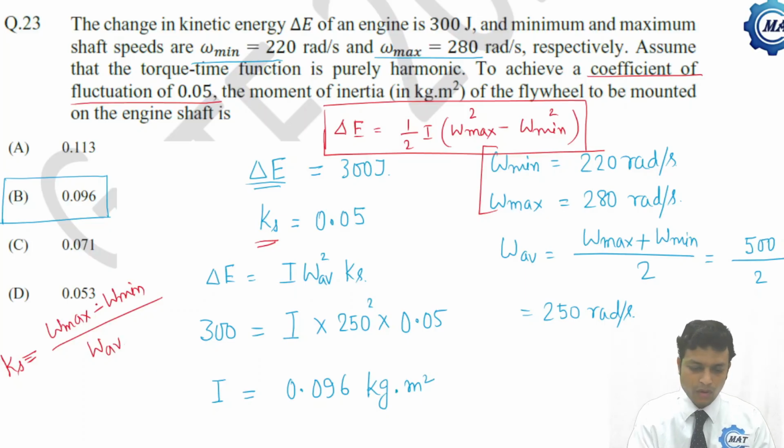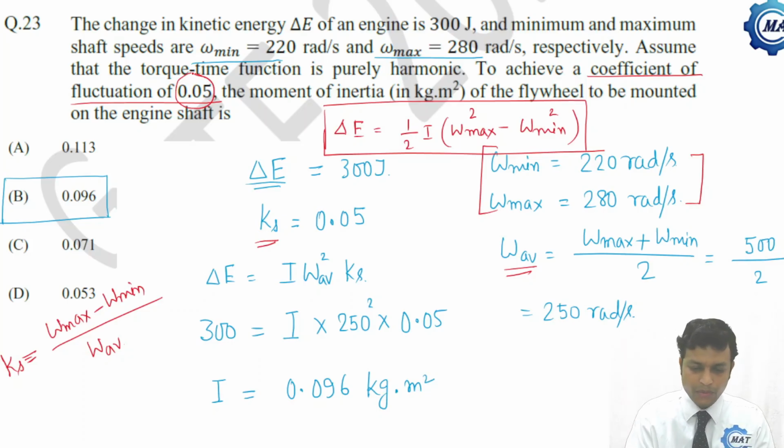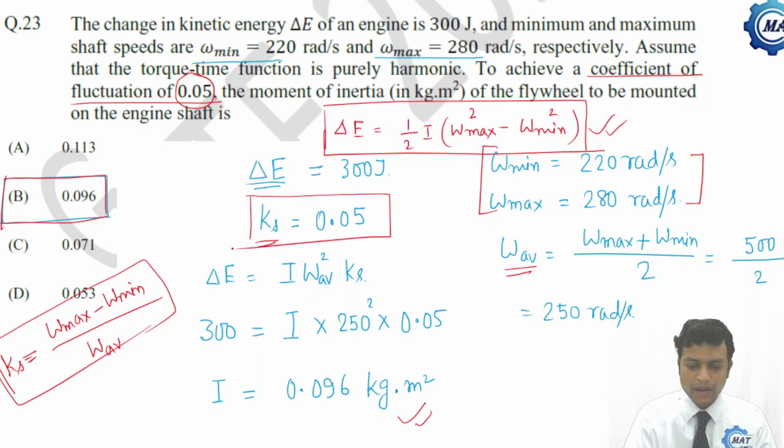We know omega average from these two values, but if we put these two values, that will not give this. So this is a contradictory problem. If you use this equation, the answer will come differently. This is the contradiction in the problem. You can use this equation also, but I don't know why; the operating Ks value may be different.